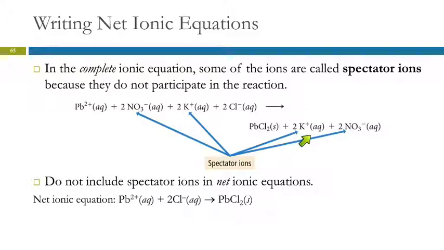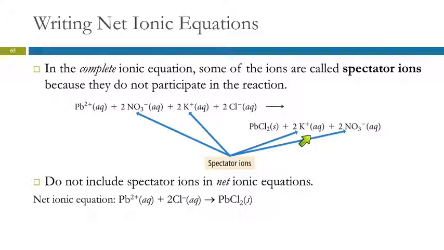So we leave the spectators out, we write down everything else, and so the net ionic equation, pointer's gone. Whatever, pointer's not working. At the bottom there, we have Pb 2 plus, aqueous, plus 2 chloride ions, aqueous, forming PbCl2 solid.